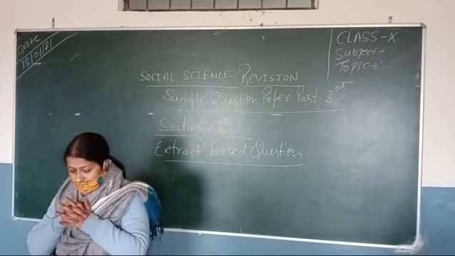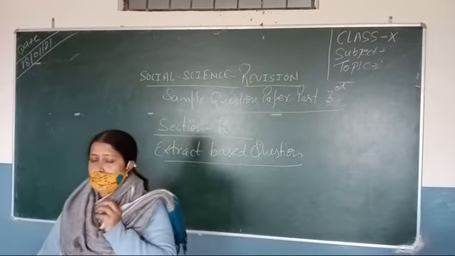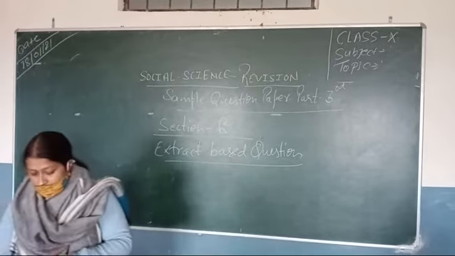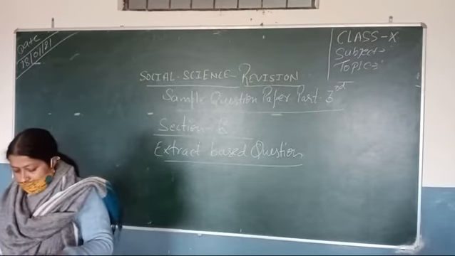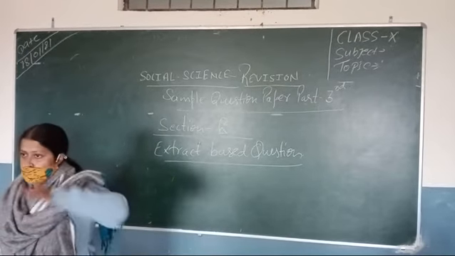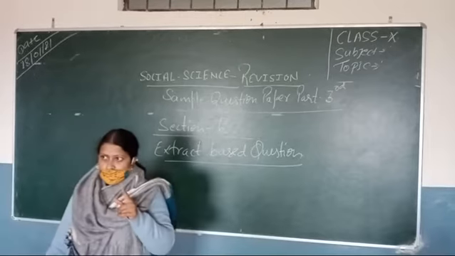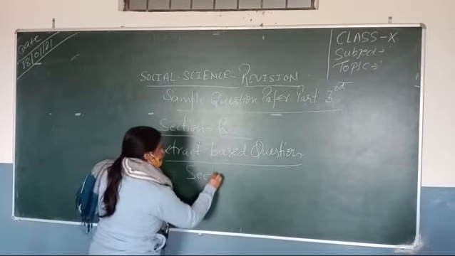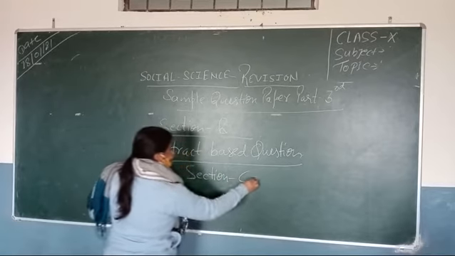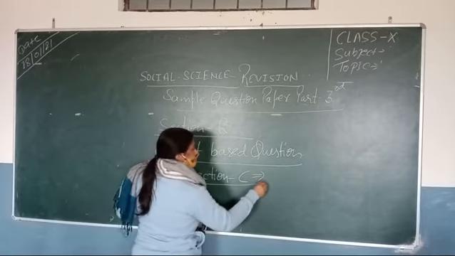Explain any 3 effects of population growth. Now listen carefully: explain any 3 effects of population growth in England in the late 18th century. It is a 3 marks question, from Section C, which belongs to the short questions.